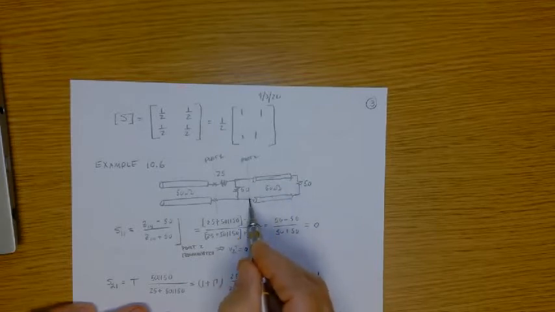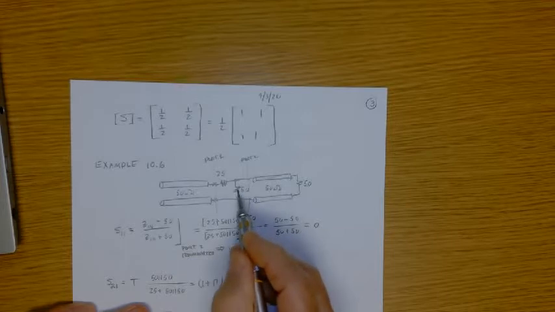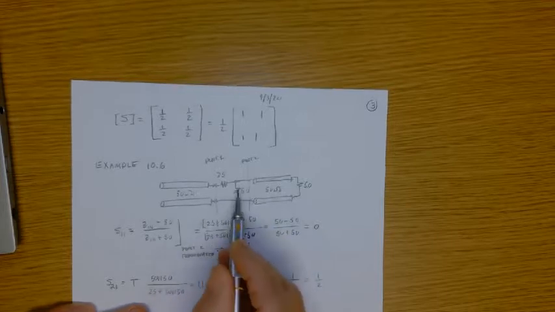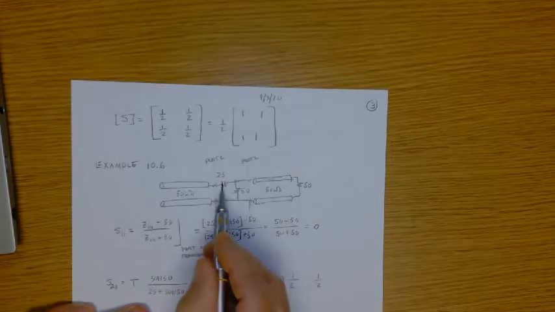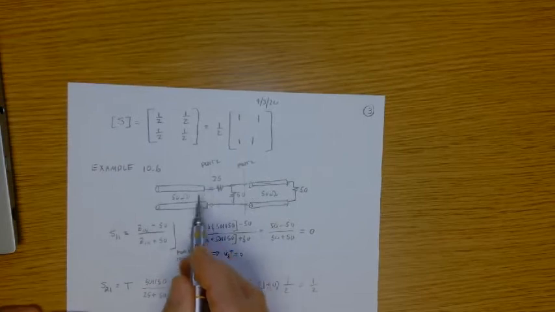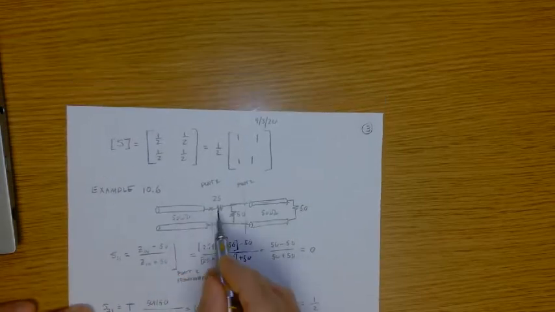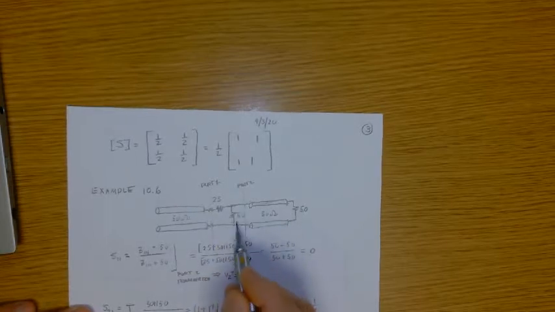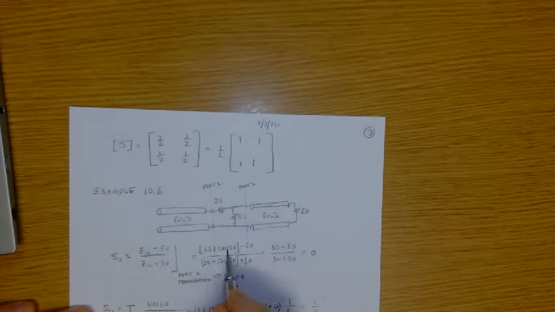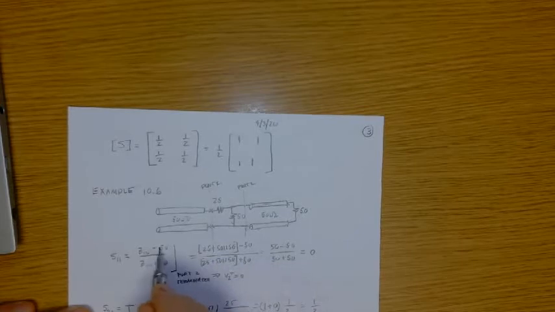So if we terminate this transmission line in 50, then looking into this point is also 50 ohms, right? So I've got 50 in parallel with 50. So it's 50 in parallel with 50 in series with 25, right? So the load that this 50 ohm transmission line sees is 25 plus 50 in parallel with 50. And so the reflection coefficient is that minus 50 over that plus 50, right?